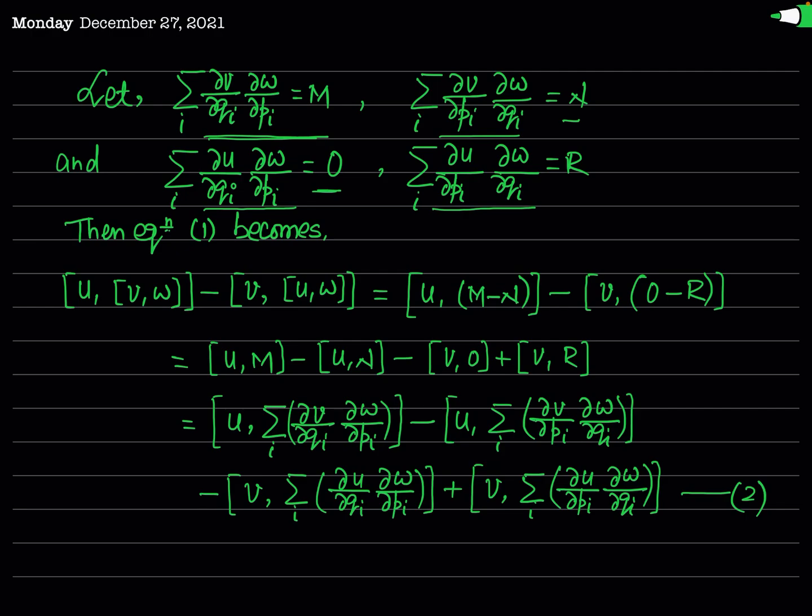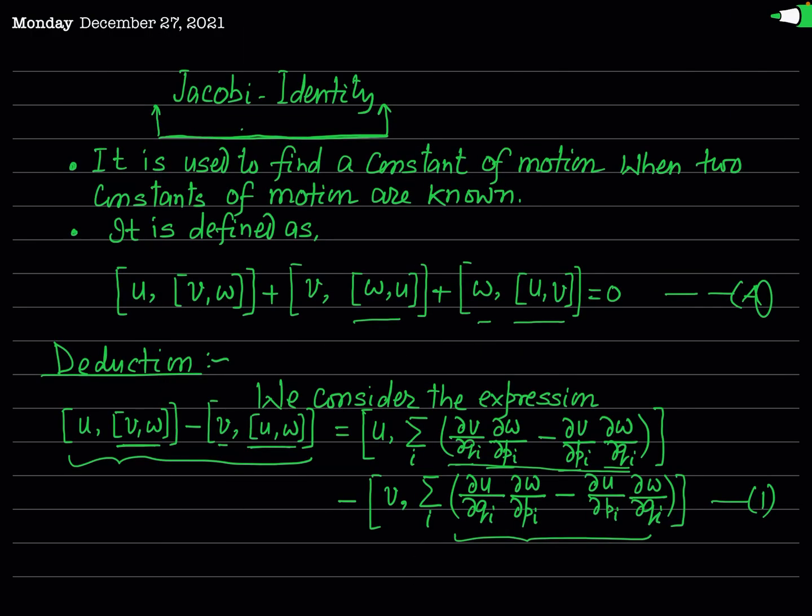So by this notation, M, N, O and R, equation 1 which we have defined here can now be written like this.